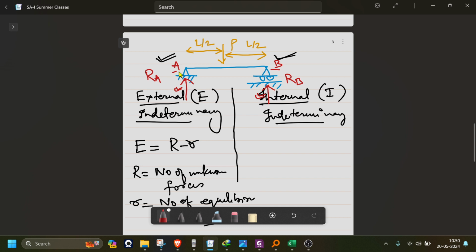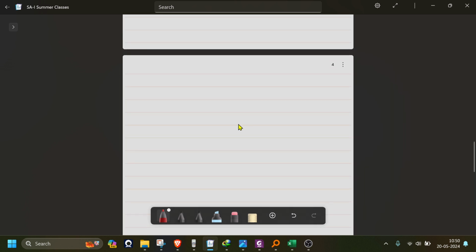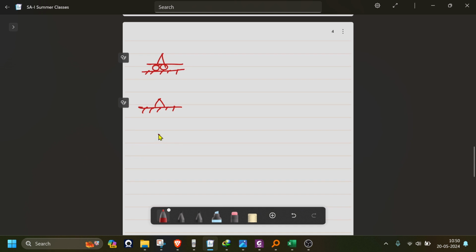Okay. Now, before we go to this portion, let's understand the types of support. The first one is roller support. Second one is hinge support. Third one is, what is the third support? Fixed support. Right. Okay.